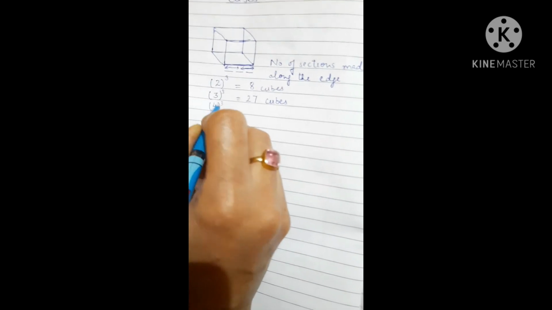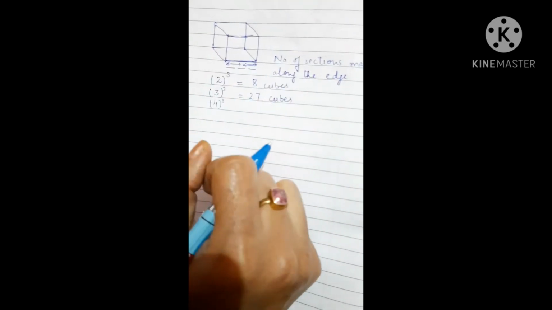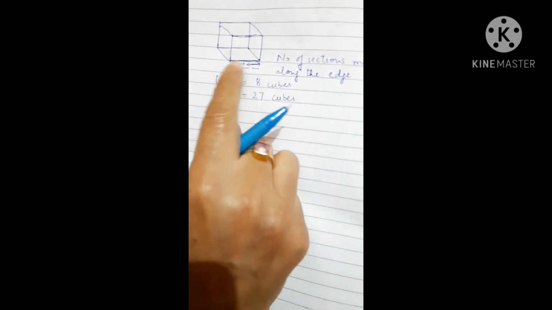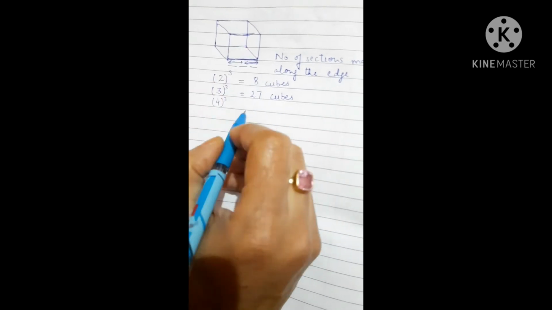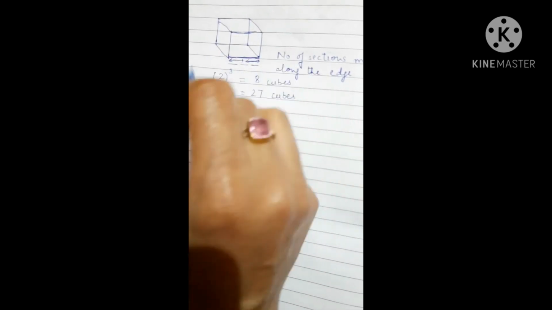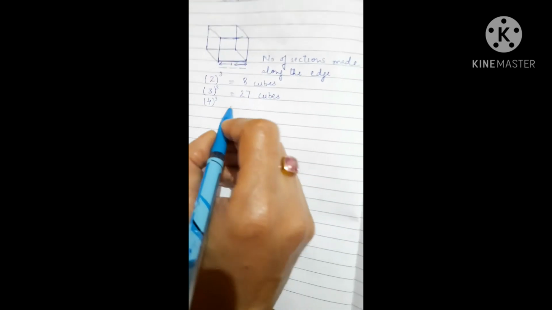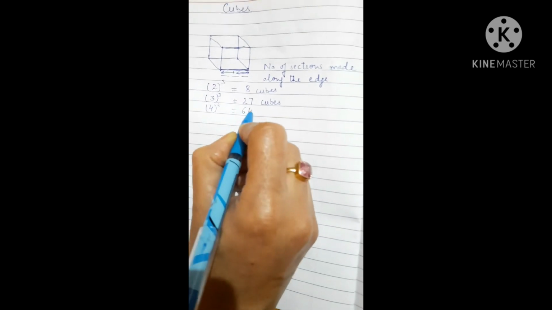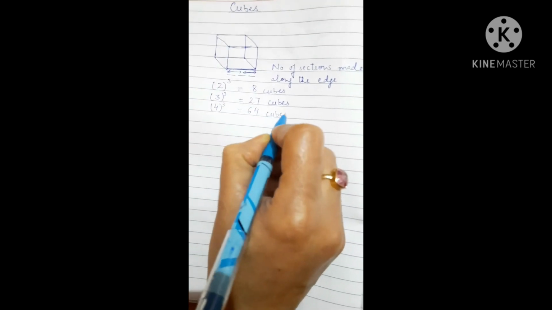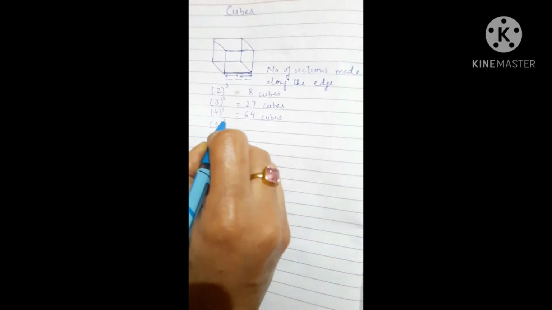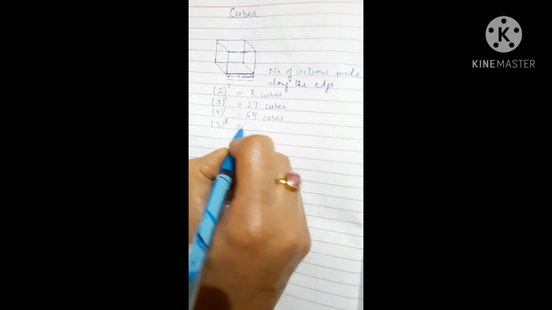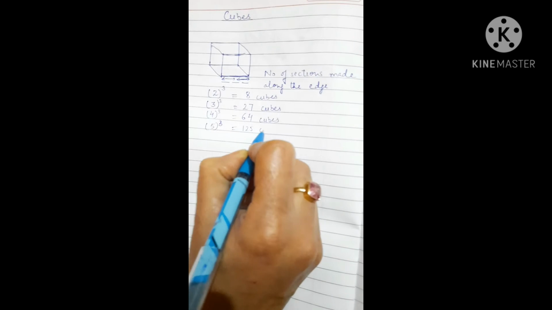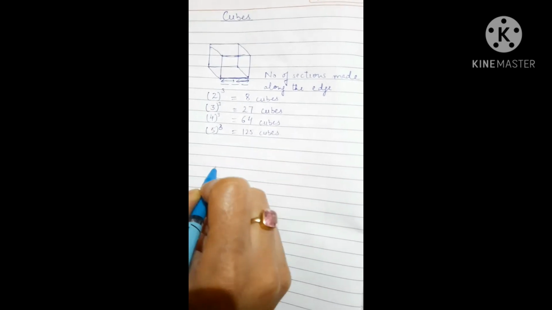Similarly, if we divide this length into 4 parts, from the length we cut 4 cubes, then in total, how many cubes will be cut from the larger cube? 4 cube, that is 64 cubes. Same way you will proceed. If it is 5, then 125 cubes can be cut from it.